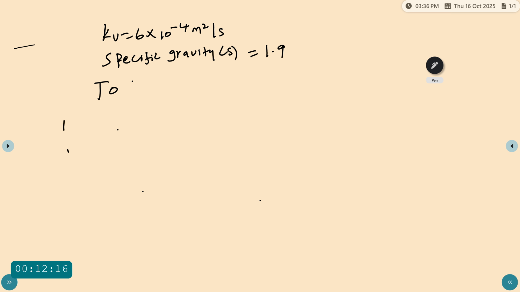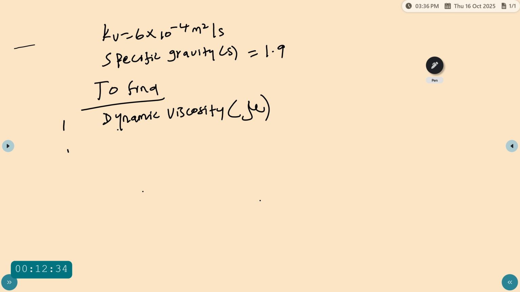To find: the engineer has to determine the dynamic viscosity to ensure the smooth operation of hydraulic pumps. The dynamic viscosity symbol is mu, as we denoted it in the last problem. Now, what relation is used between kinematic viscosity and dynamic viscosity?